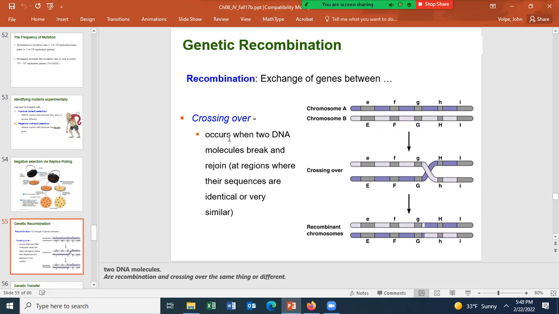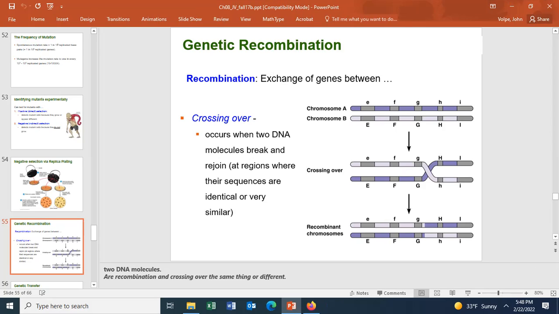Any question about any of that? So recombination is a little more general than crossing over, but oftentimes they do mean the same thing. Recombination doesn't add new genes to an individual or even to the population.